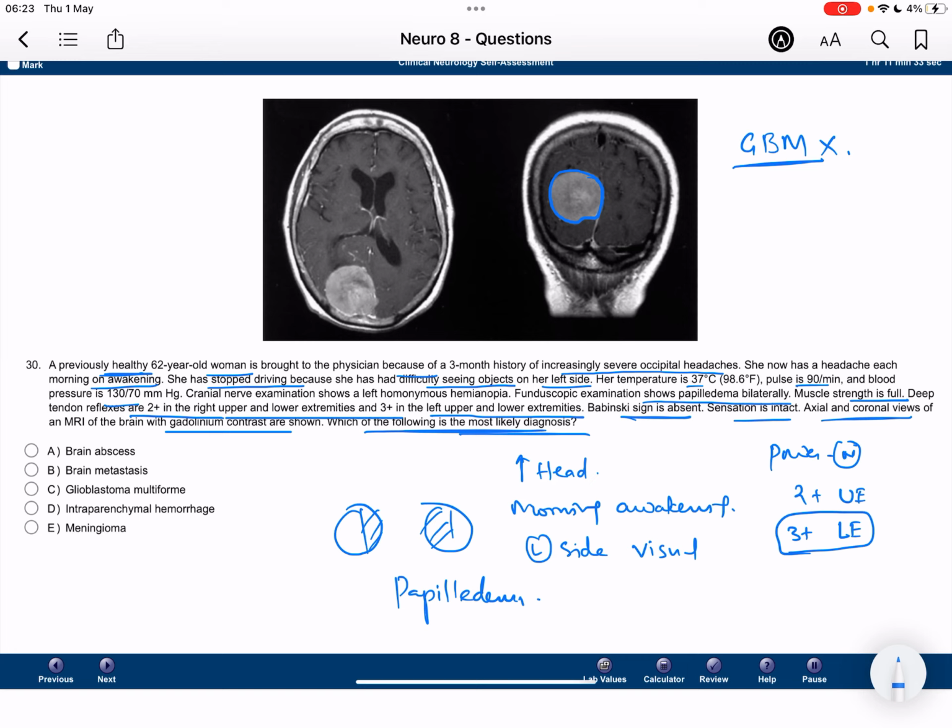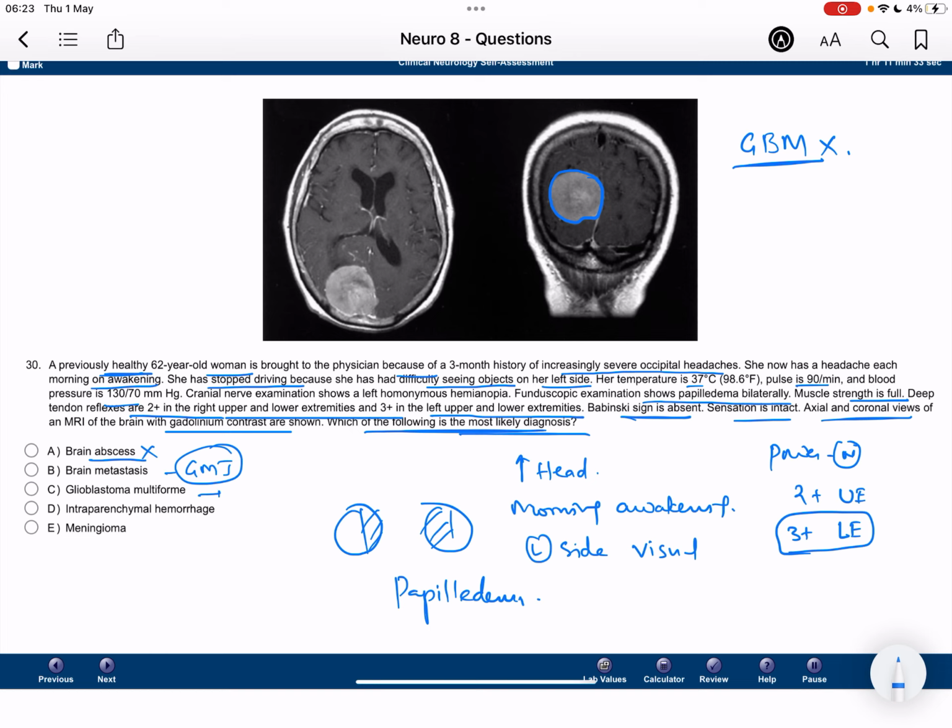This patient has not got any fever, so there is no chance of an abscess. Brain metastasis can also present with increasing headache, but they appear to be presenting at the gray-white matter junction. But this is not the case here.